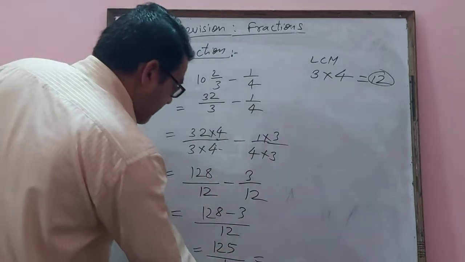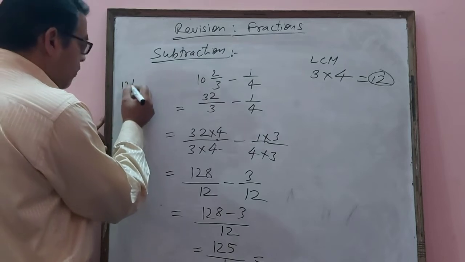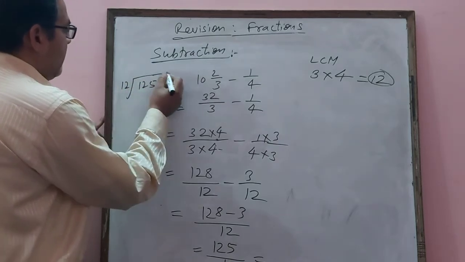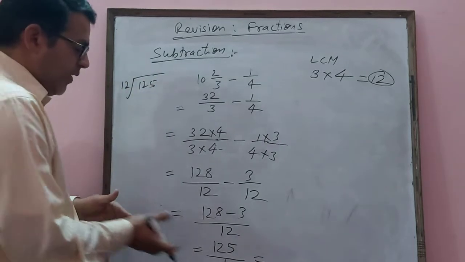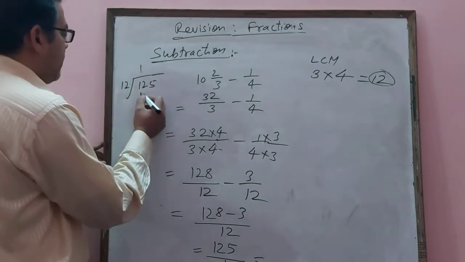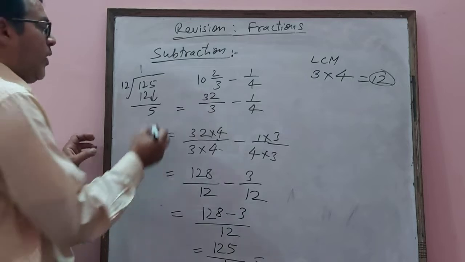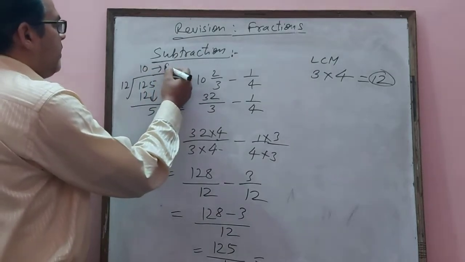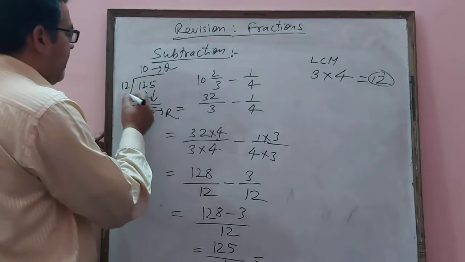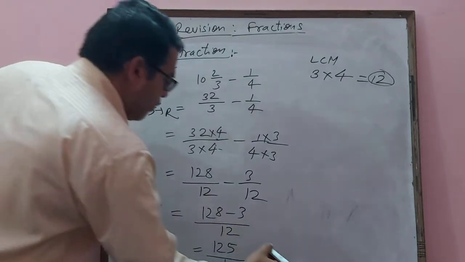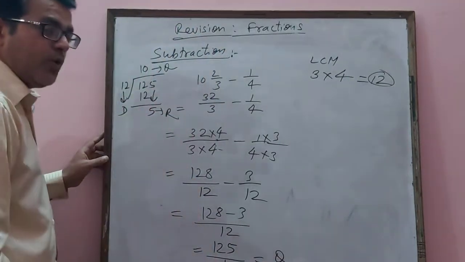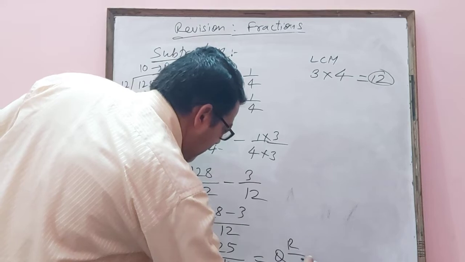So do one thing, convert this fraction into mixed now. How we can do this? By dividing 125 by 12. So 12 ones are 12, 5 will shift here, but 5 is too short than 12, so we can put here 0. This is quotient, this is remainder, and this is divisor. So rule is quotient we can write as a whole, then remainder, then divisor.